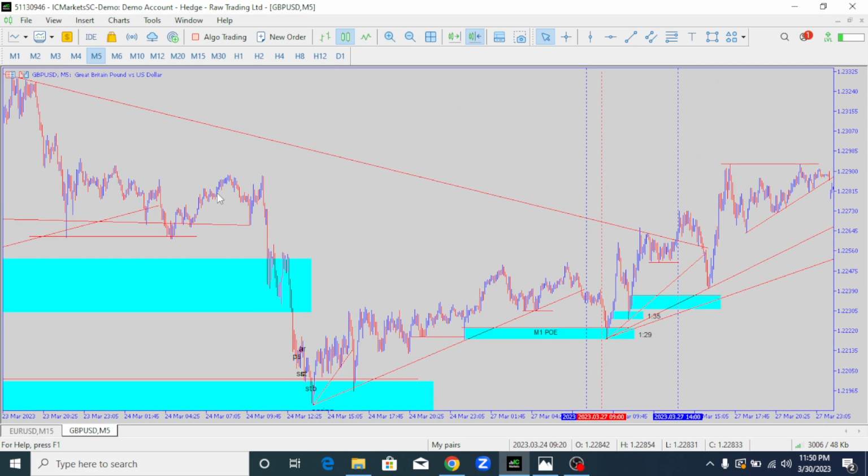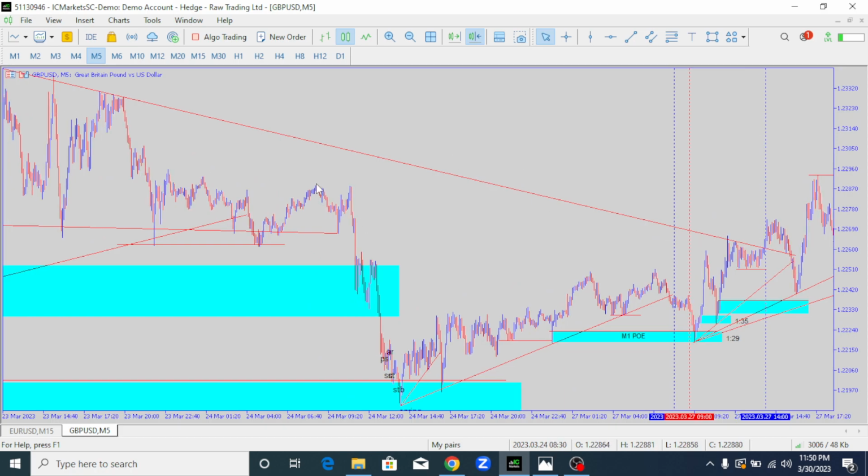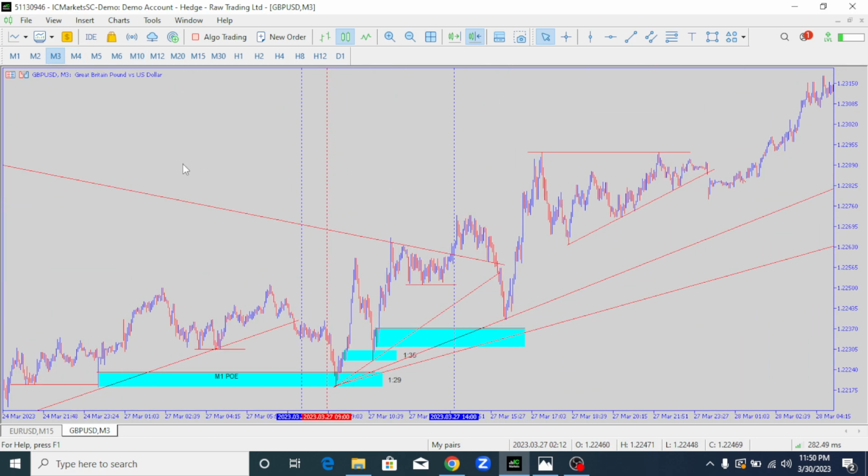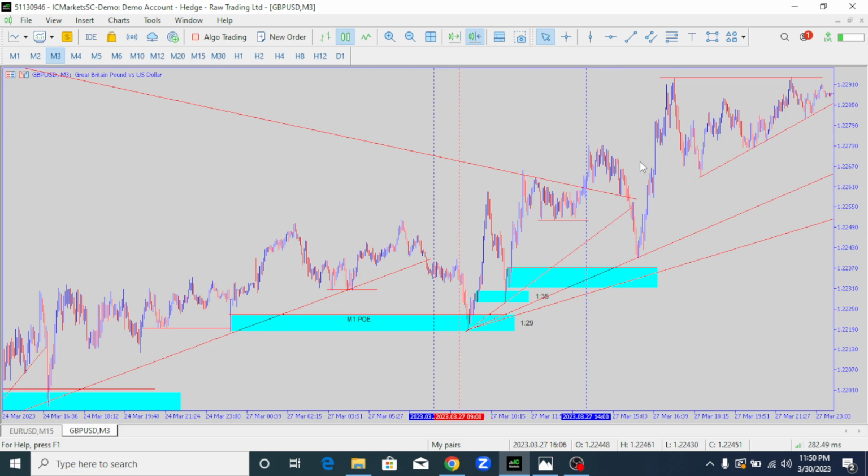You see this trend line. I knew that they had to manipulate it. And another thing I like to see for me to hold my trade, you see there is this trend line to the downside and there's this trend line to the upside.